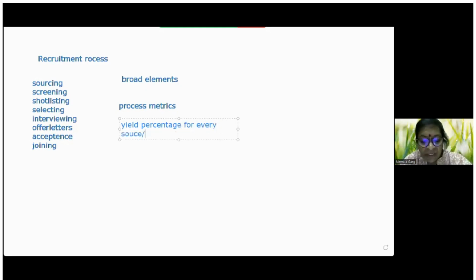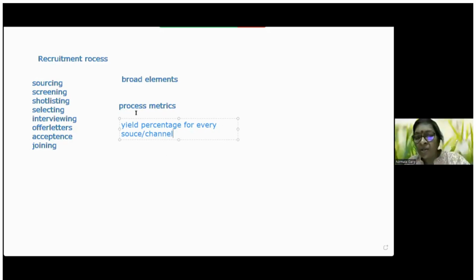What we call channel yield percentage for every channel. From placement, how many relevant CVs am I getting? From social media, how many am I getting? That's called the yield. Process metrics.